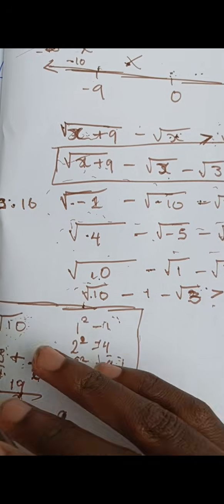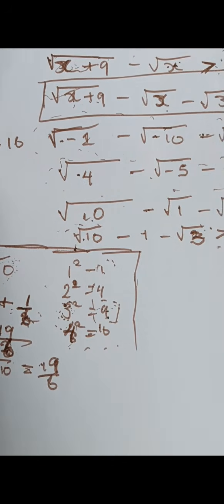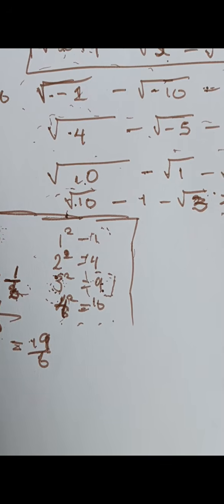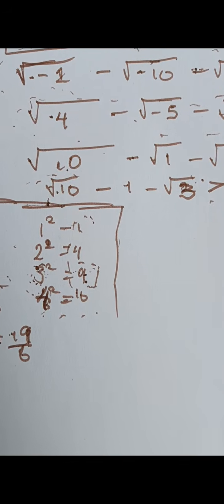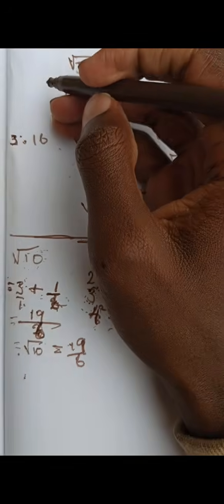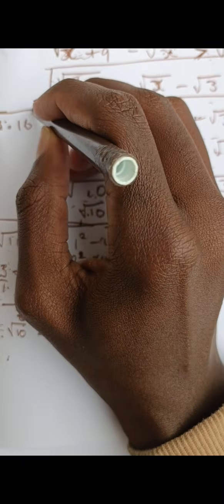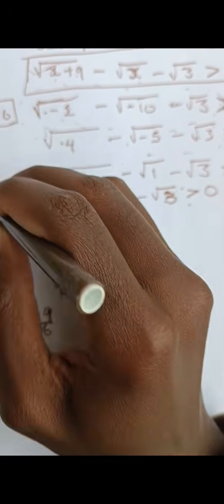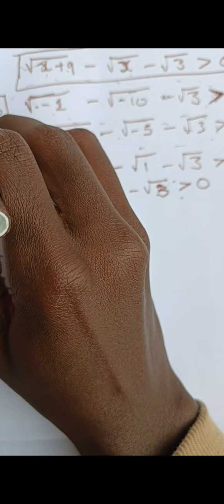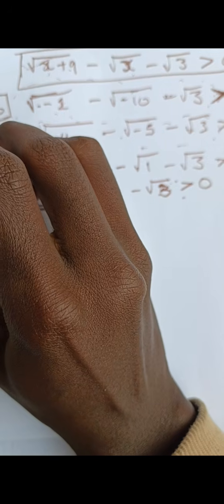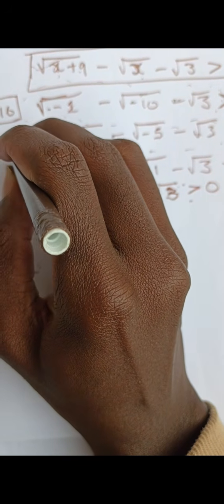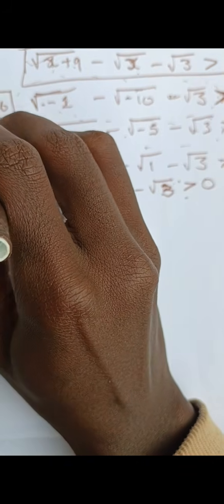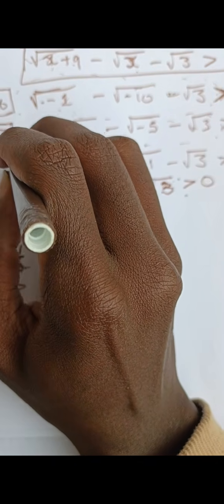But with this method that we have used, when we divide this, we are getting 3.17, if we round it off to the nearest 2 decimal places.